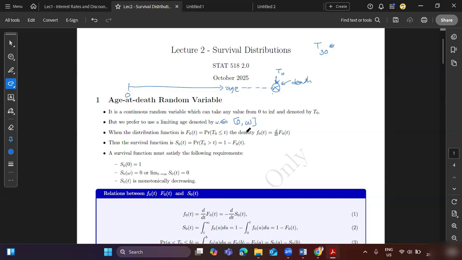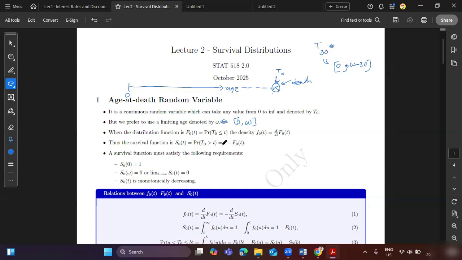In notation, for T naught it's 0 to omega, but for T30 it's 0 to omega minus 30. So that's a difference. That's how we can think about the remaining lifetime of a person.